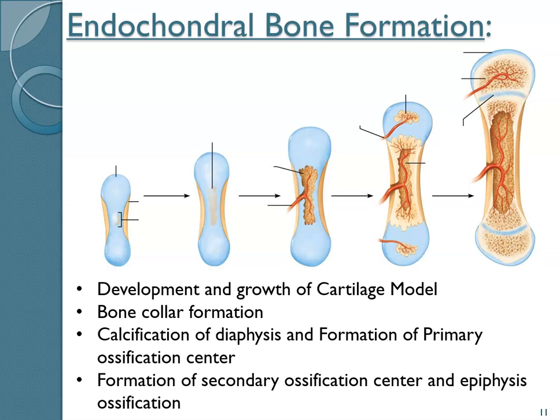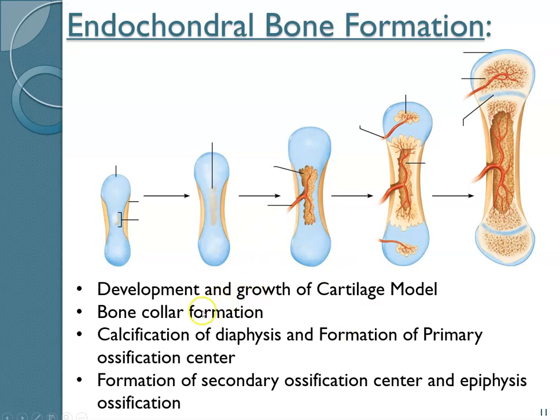And the other type is intramembranous, so within membranes, within fetal or primitive membranes, we will develop bone. The endochondral method is used to form long bones, while the intramembranous is mainly used for the other types of bones.